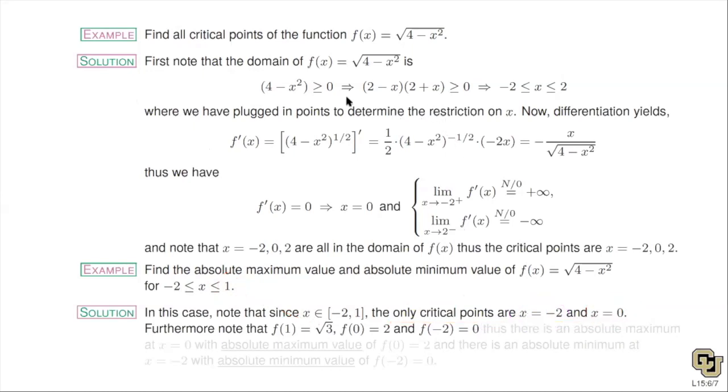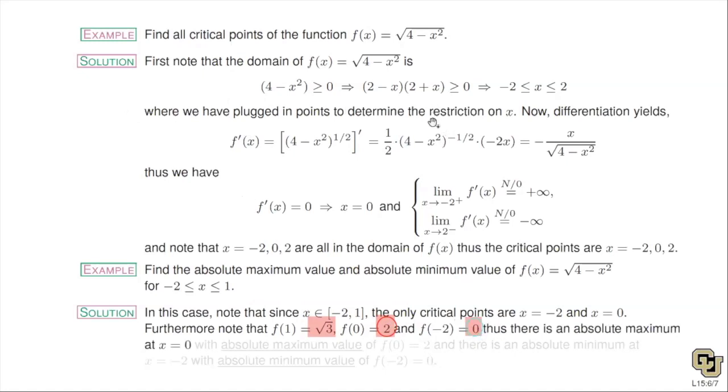So now what we're doing is we're looking at the y values. So I'm looking at √3, 2, and 0. The largest of these is our absolute max. So 2, the square root of 4, is a bit bigger than the square root of 3. So 2 is going to be our max. And 0 is going to be our min.